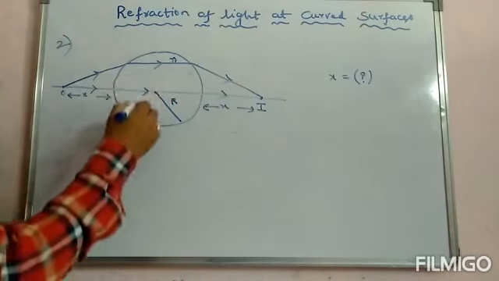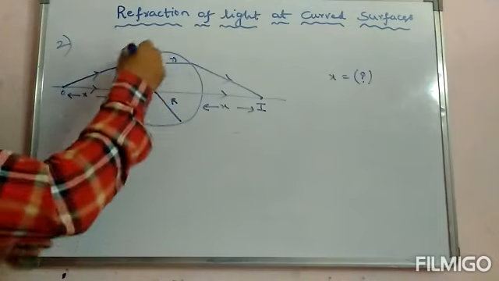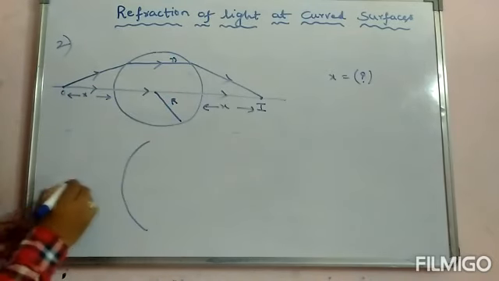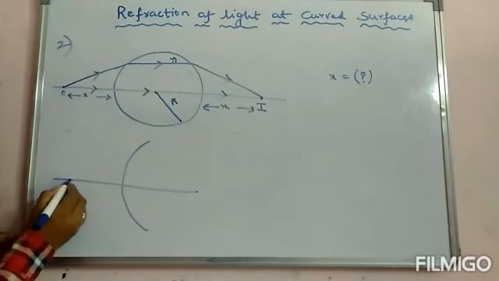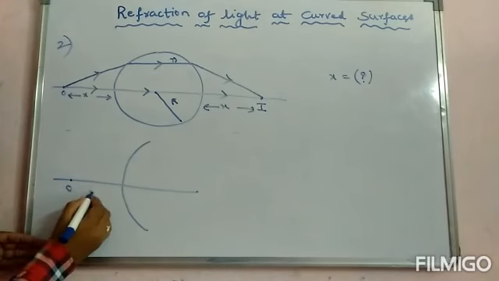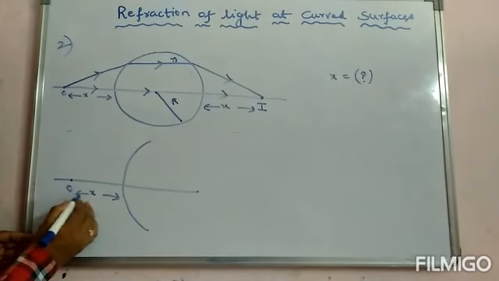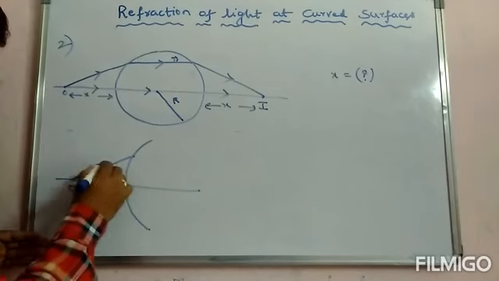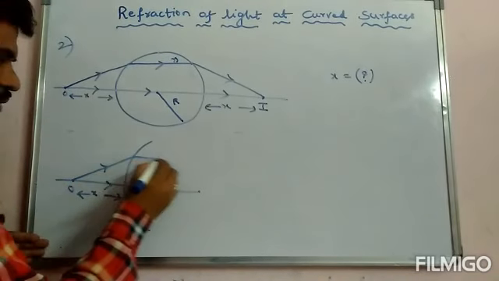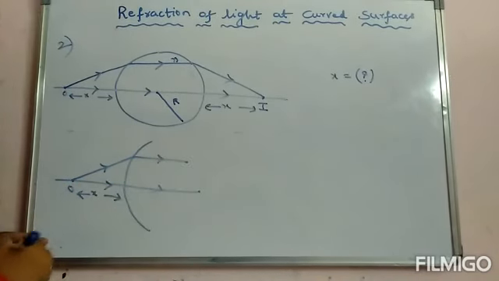Right. Now let us consider only one surface. Here is the object, and the object distance is x, and from the object two rays are falling, and the refracted rays are parallel.